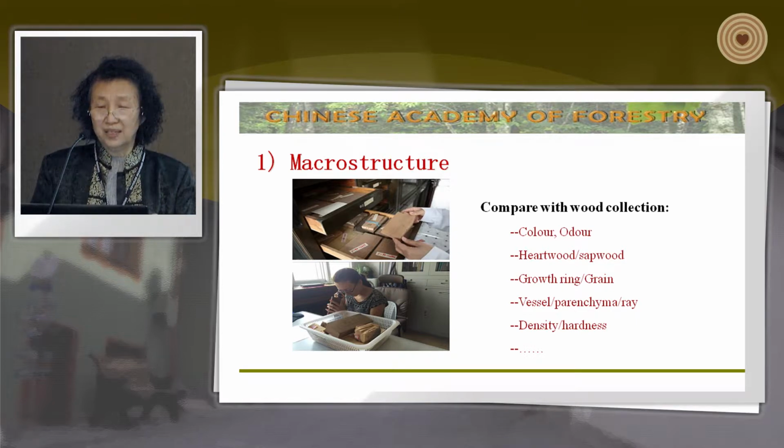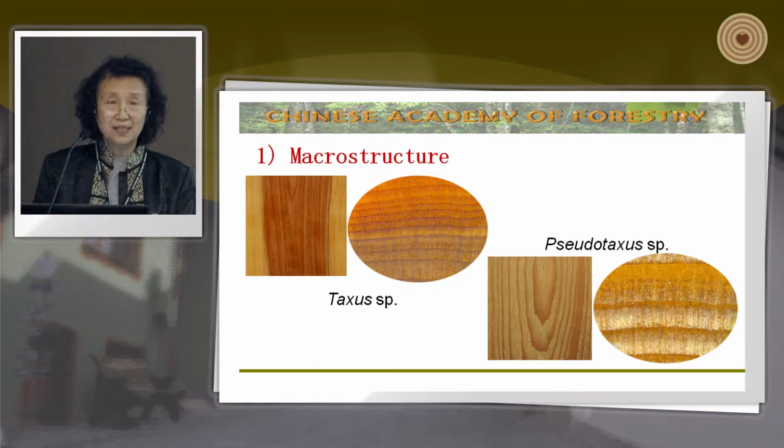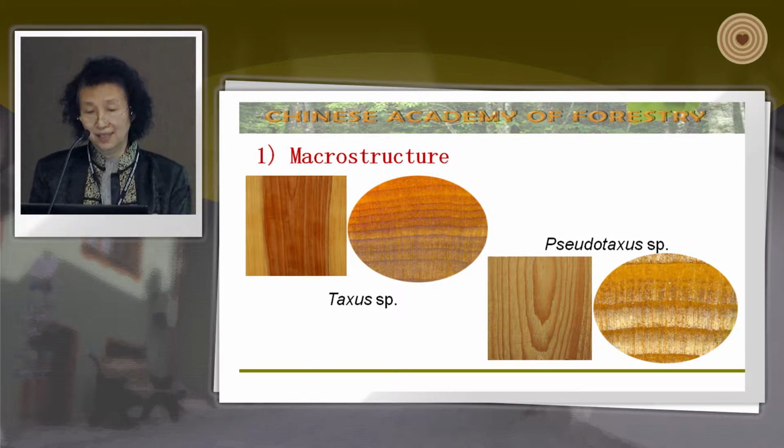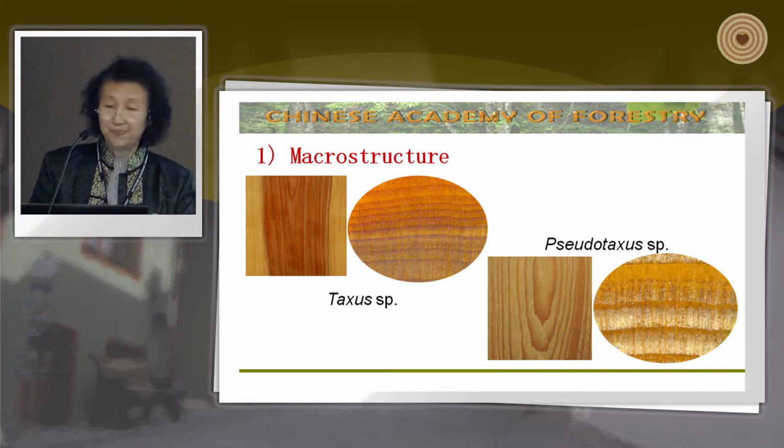Then we compare with the wood collection, such as color, odor, hardwood and softwood, grain, vessel, parenchyma, density and hardness, and so on. For example, Taxus species is listed by CITES, but another one, Taxus procera, is not, so we can use the microstructure to identify them.